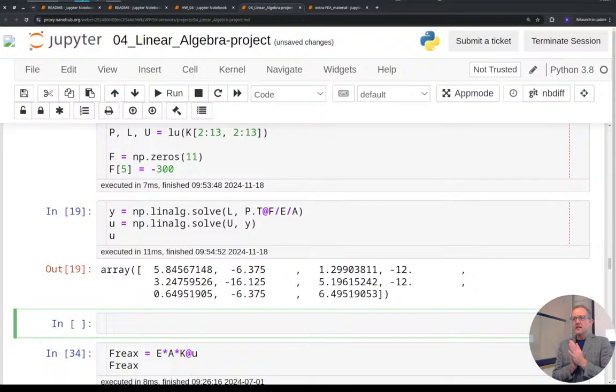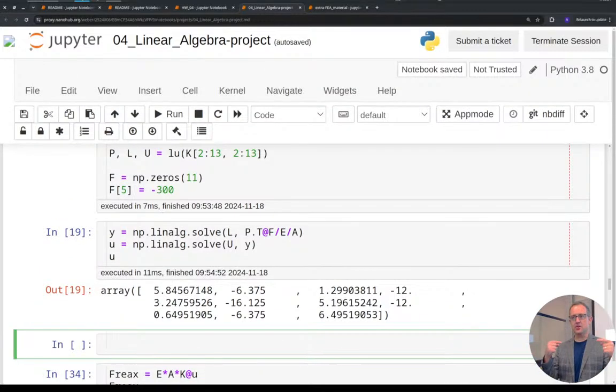So the next part is actually even easier than solving the matrix, where now I know every one of those displacements. I want to plug that in and solve for all of the applied forces. A lot of the applied forces I already plugged in, like that -300 and a whole bunch of zeros.